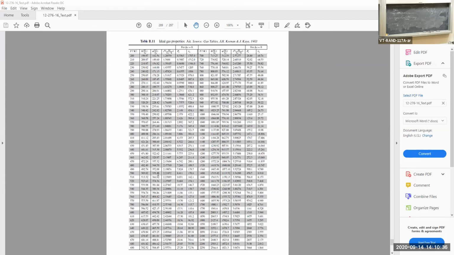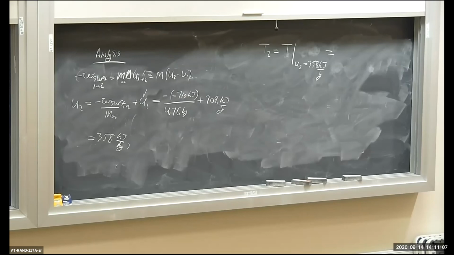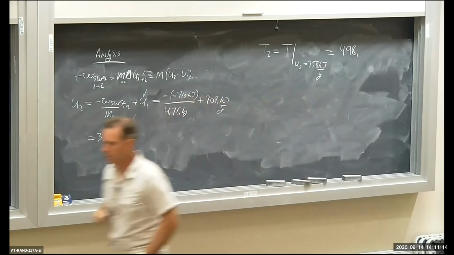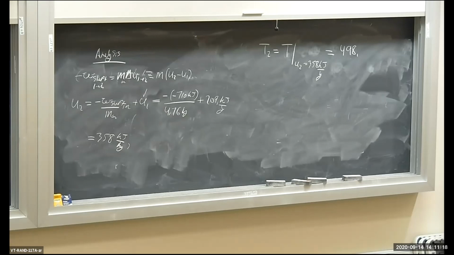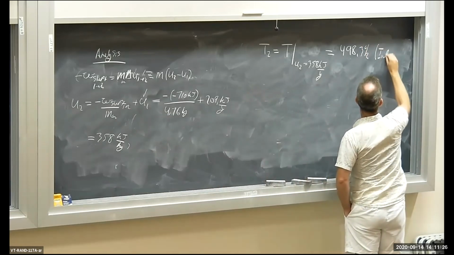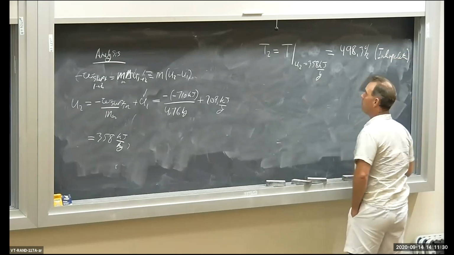It's between 352 and 359, so it's closer to 500 than it is to 490. So we can do some interpolation between these two data points, and I find a temperature of 498.27 degrees Kelvin, or 498.3 if you like. And this is by interpolation from tables.